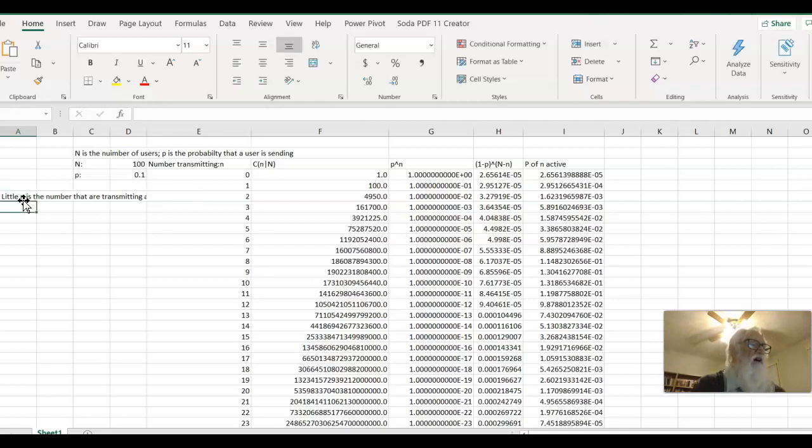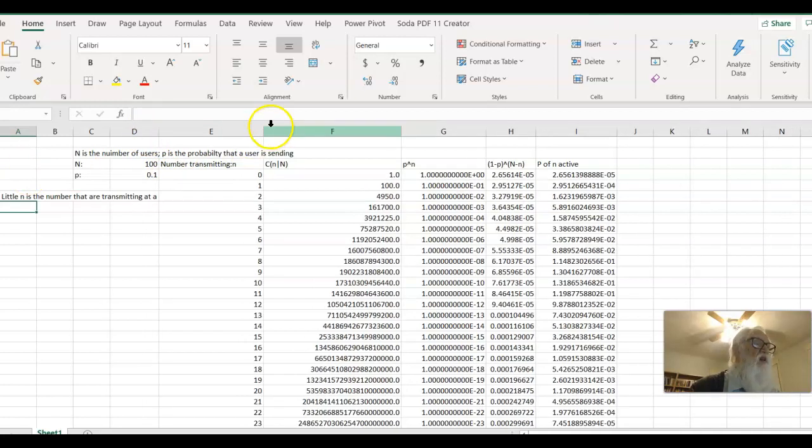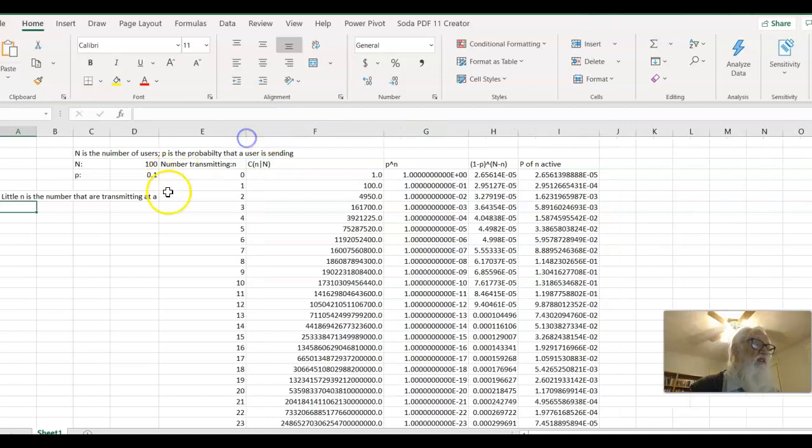And what I want to know is what's the probability that 0 are transmitting, 1 is transmitting, 2 are transmitting, 3 are transmitting, so on.